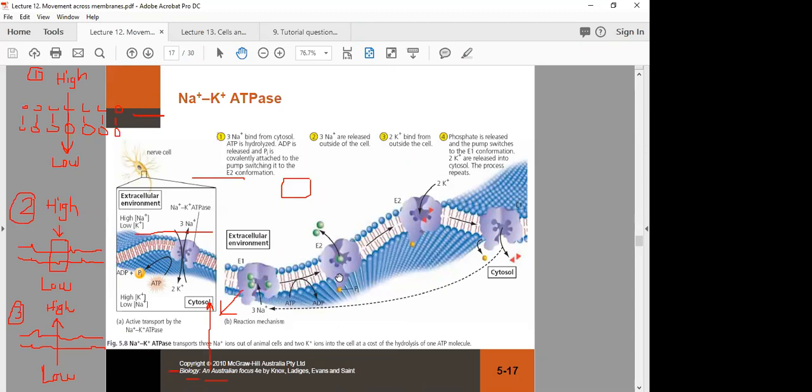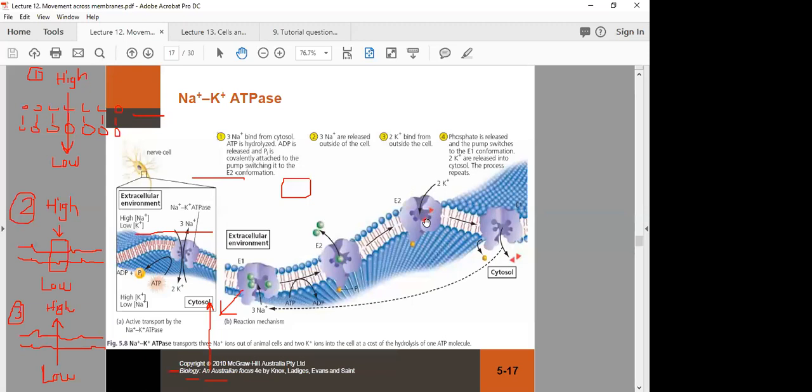And that binding of the phosphate triggers a conformational change in the ATPase so that now the opening faces the outside of the cell. This enables the sodium ions to be released to the outside, and once they're released, then potassium ions can be bound. 2 potassium ions for every 3 sodium ions. So they're illustrated here by these little red triangles.